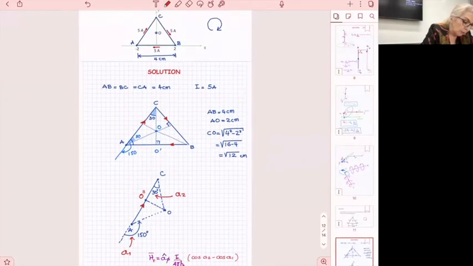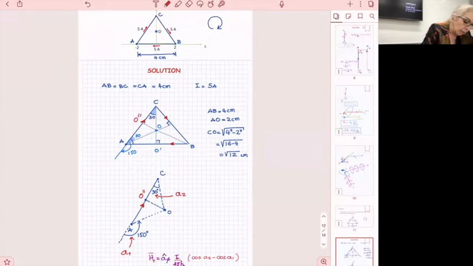So how do I find O double prime? From the equilateral triangle. What do I know? I know that OC, or OA if you like, but let me call it OC, O double prime C. I know that this is a right triangle, and one angle is 30 degrees there, so this is 60. I know that OC, I found it, is the square root of 12.